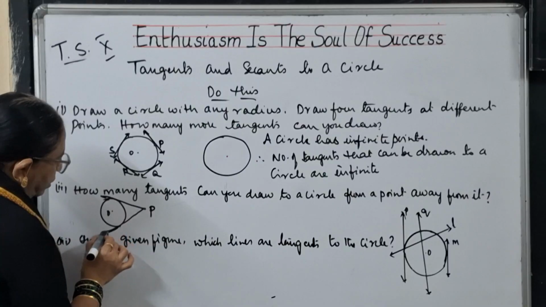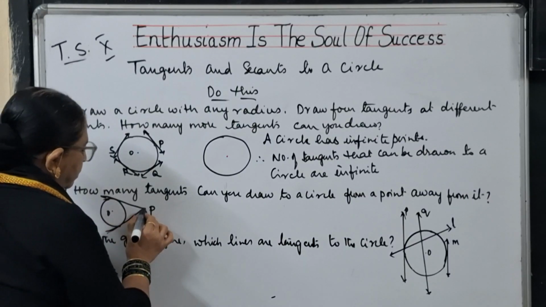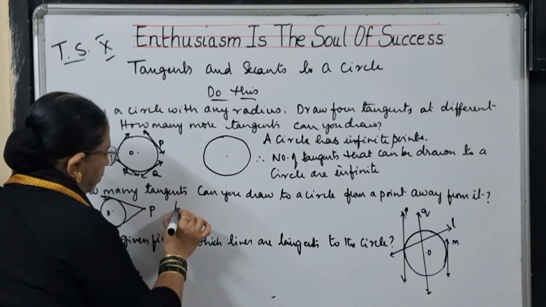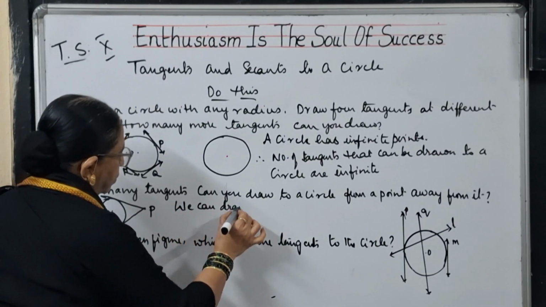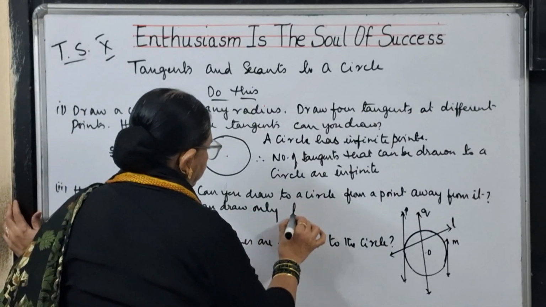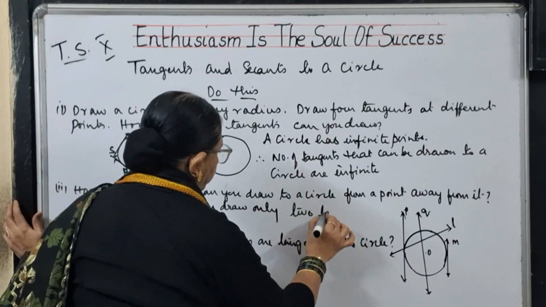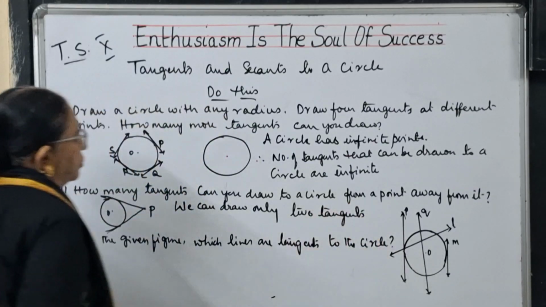More than this you cannot draw. So through a point which is outside, we can draw only two tangents, not more than that.